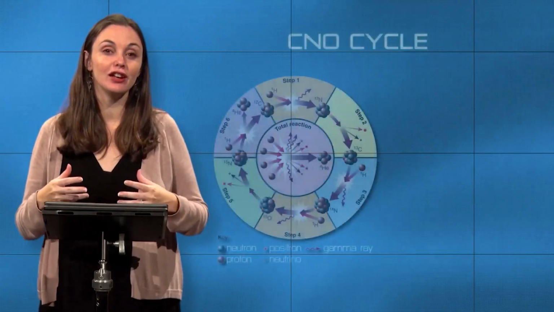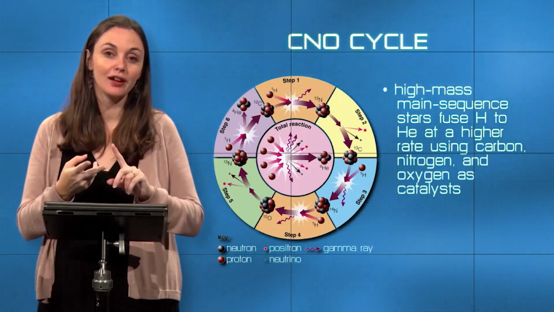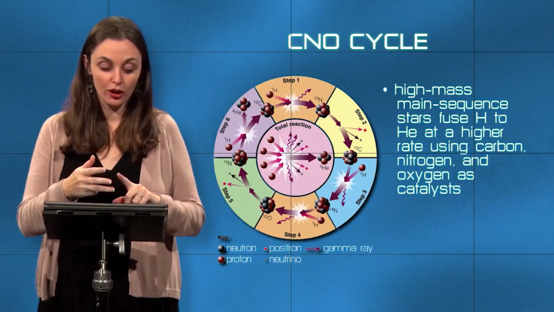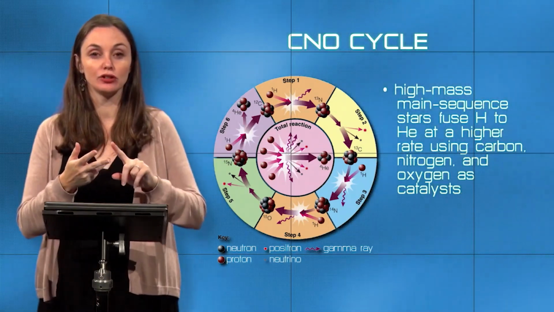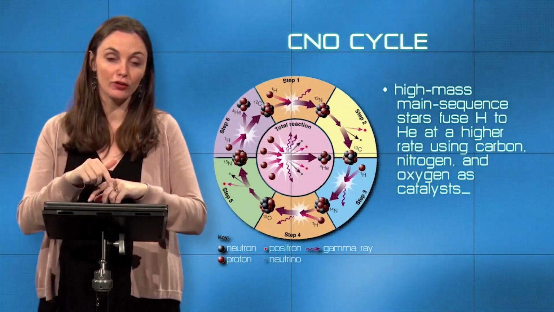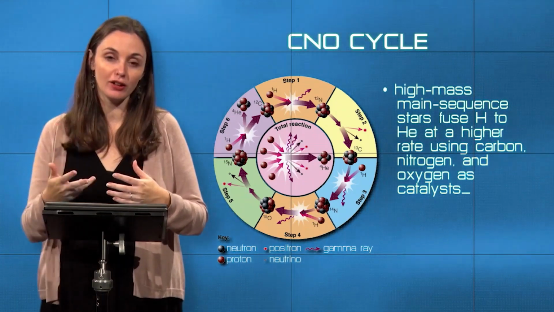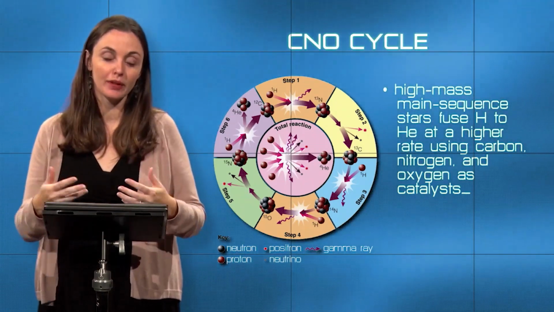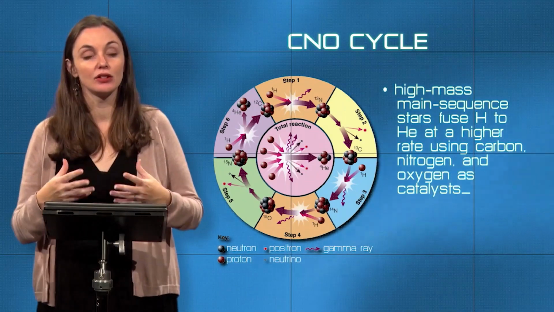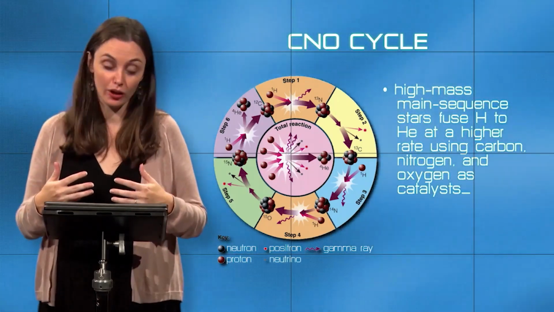This is called the CNO cycle because the heavy elements in play here are carbon, C, nitrogen, N, and oxygen, O. So using carbon, converting carbon into nitrogen, nitrogen into oxygen, spitting out the helium nucleus and starting over again, you do what the low mass stars do. You just do it a lot faster, a lot more efficiently. Another way of thinking about this is that these stars are going to have a lower overall lifespan because they run out of fuel a lot quicker.